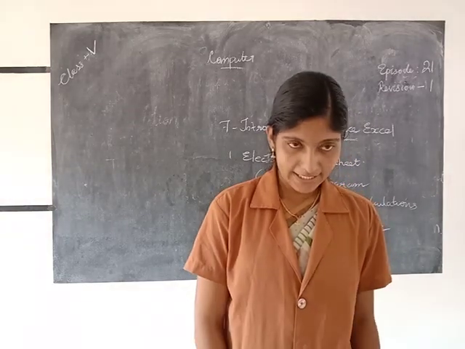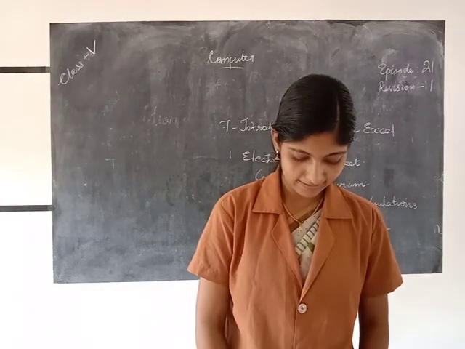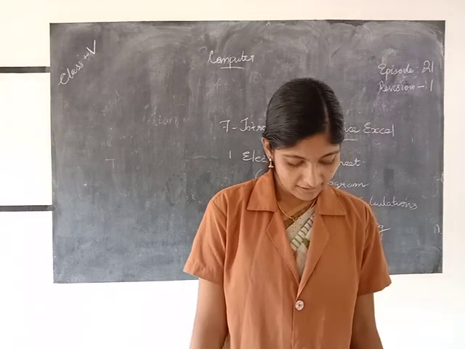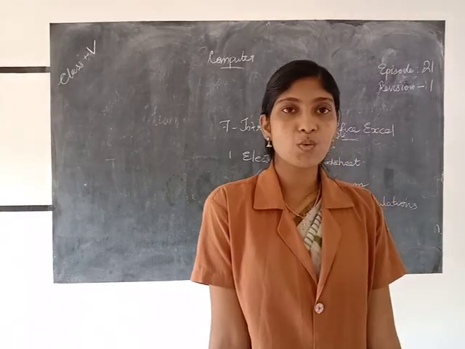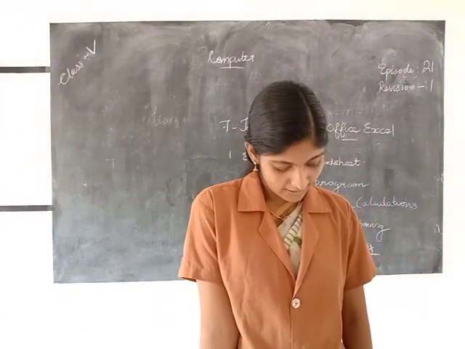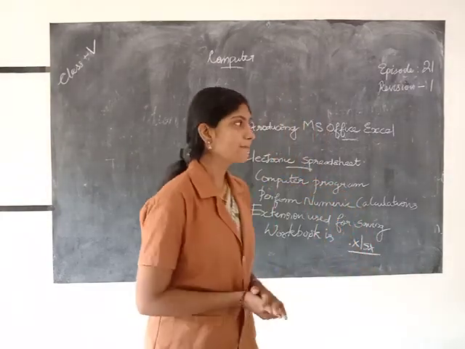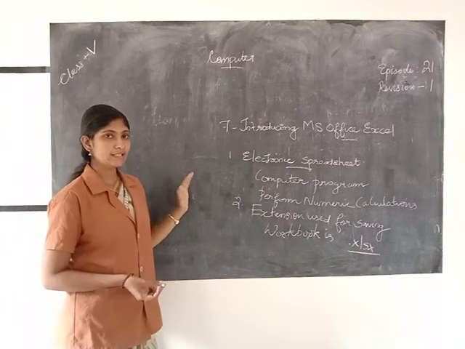And remember that electronic spreadsheet is in MS Office Excel. Then, tell me, Excel is an electronic spreadsheet. Is it true or false? Yes, it's true. Then next, some operations are copy and cut.